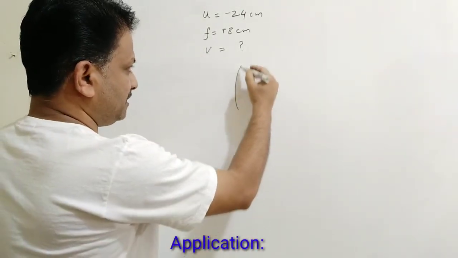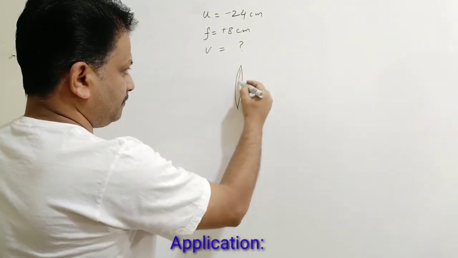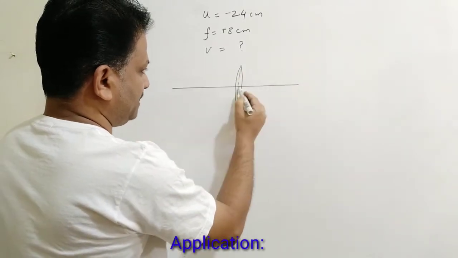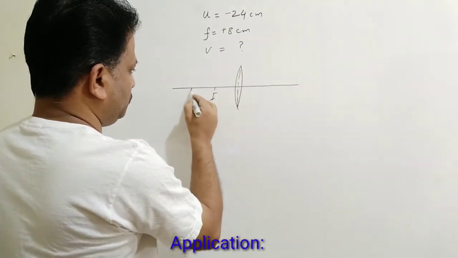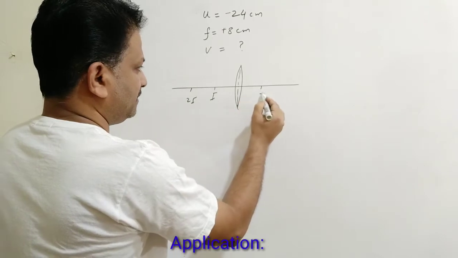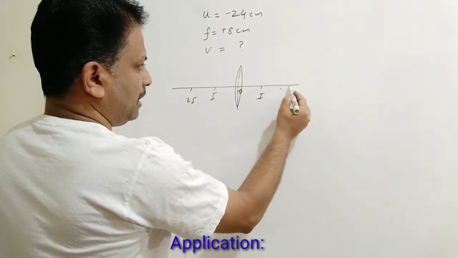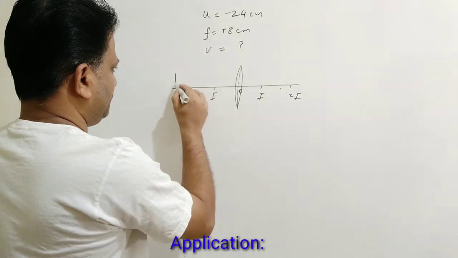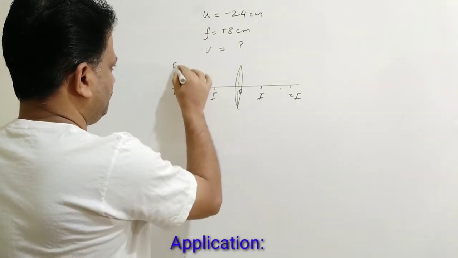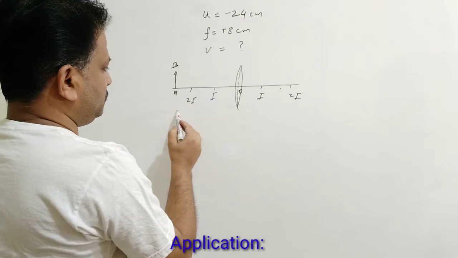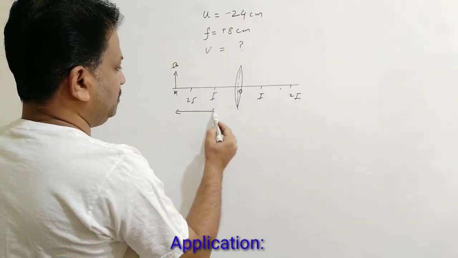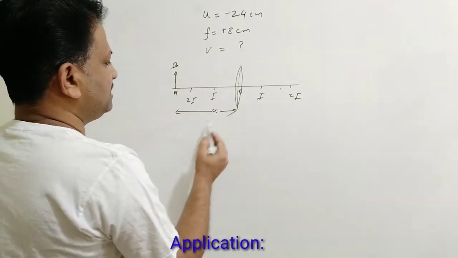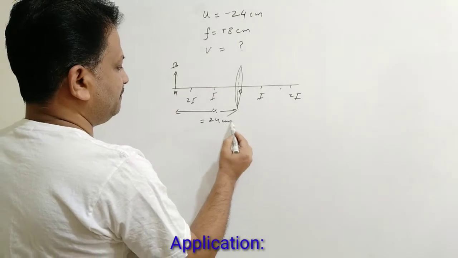I will draw a convex lens, optical center, F and 2F on either side of the lens. And I am placing an object AB at a distance. What is the distance given? It is U, at a distance U is equal to 24 centimeter.